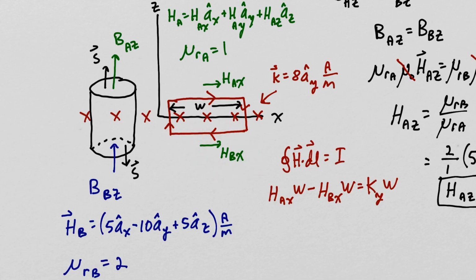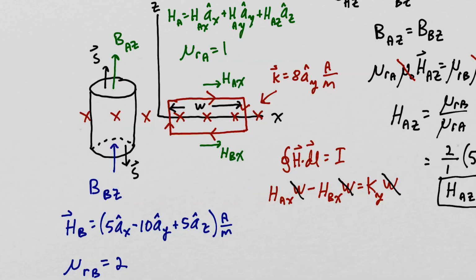Since we're integrating clockwise, the current enclosed will be the current flowing into the page because of the right-hand rule, and that current will be K sub y times W because K sub y is the current flowing in the y direction, which is into the page. So we can divide both sides of the equation by W and then solve for H sub Ax.